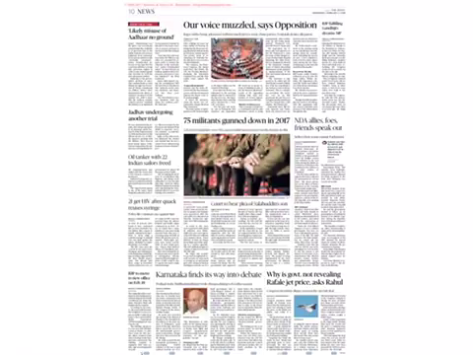Now, our voice muzzled, says opposition. What is the role of opposition in a democracy? With regard to the challenges of parliamentary democracy, Ambedkar has stated this: lack of a strong opposition is a clear failure of parliamentary democracy functioning.